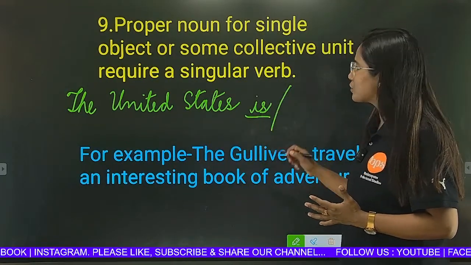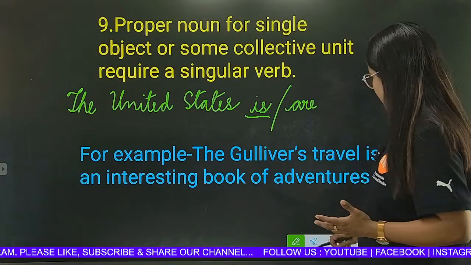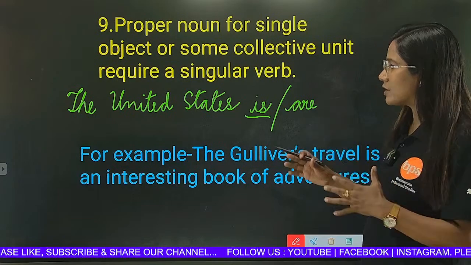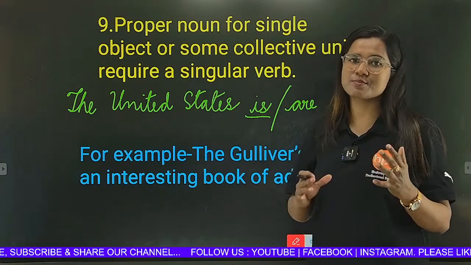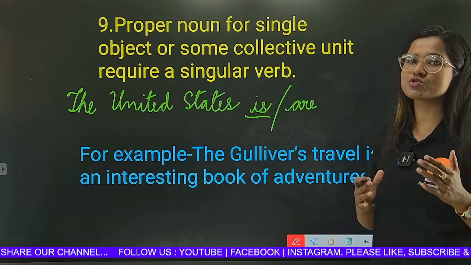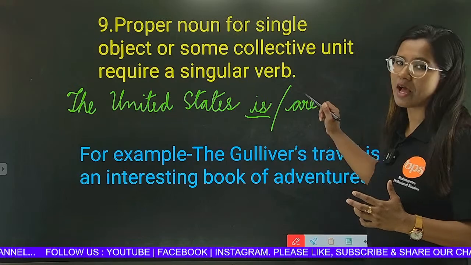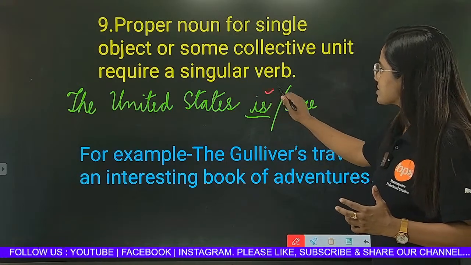Why are we not putting are? So which one is the correct? Here, whenever we frame a sentence based on these kinds of plural forms, though it refers to a singular meaning like the United States, is or are, we will always put is.